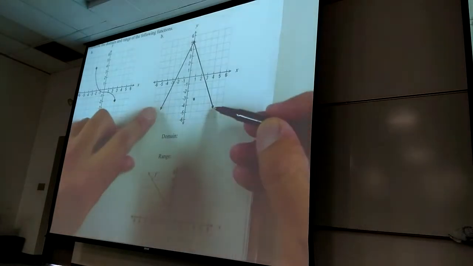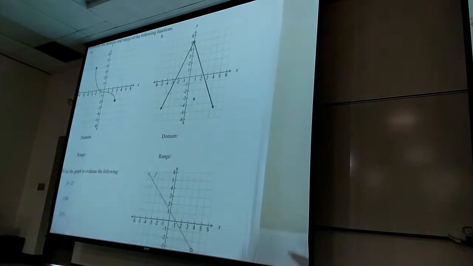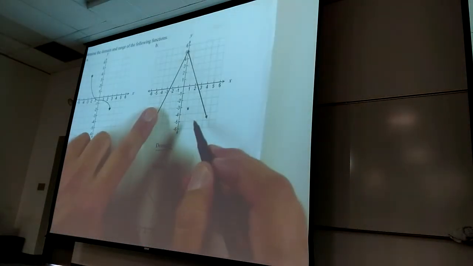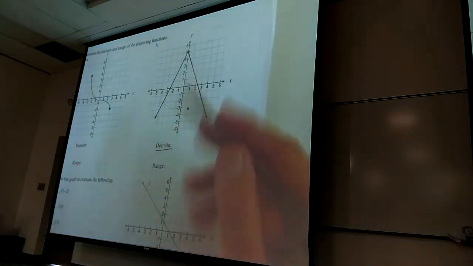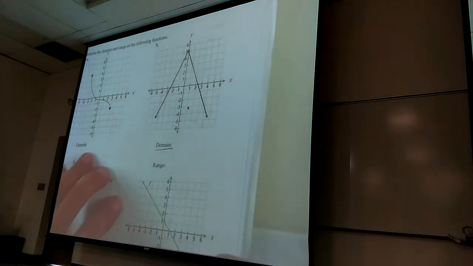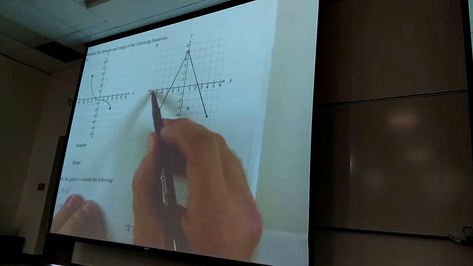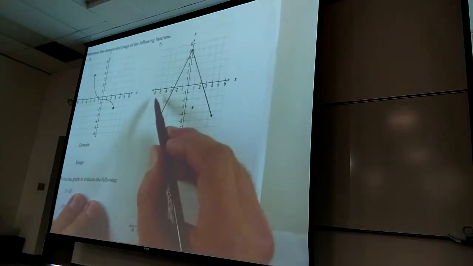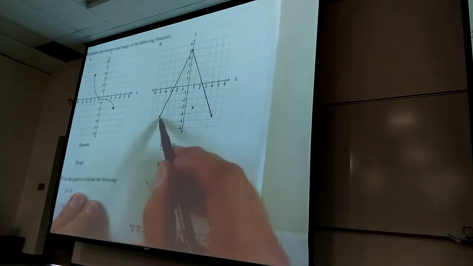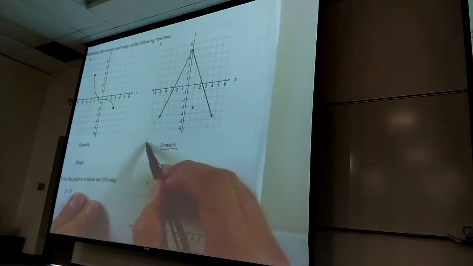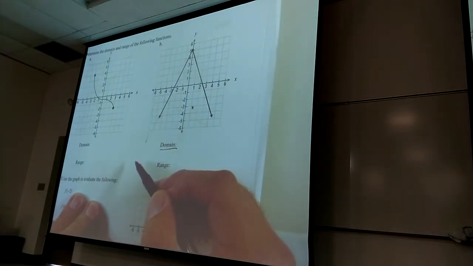Do you notice how these arrows mean they keep going forever in this manner? So when I think about domain for this problem, number 26 back on page 73, before we get to chapter 4, can I say that negative 6 is not a part of the domain? No. Because if I go down and I keep this going forever, it will be. So are there any x values that are left out?